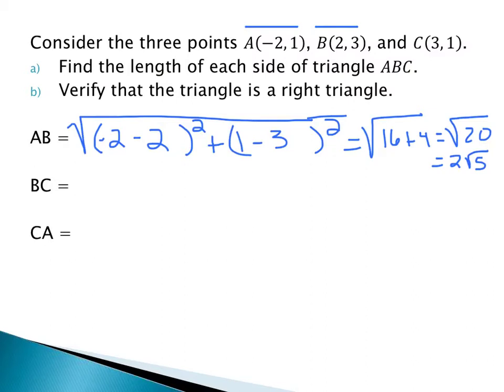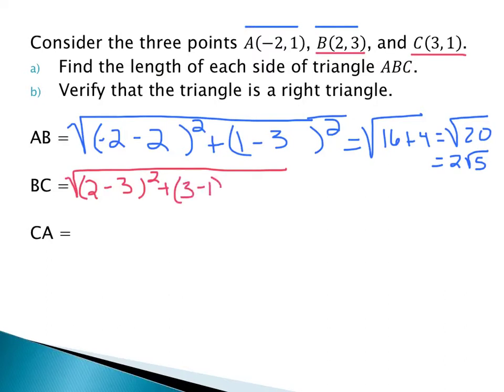Now the length of BC for this one, we're going to take B and C, and we're going to take the square root of, take the x values, subtract them, so 2 minus 3, going to square that, and we're going to add that to 3 minus 1, those are the y values, squared.